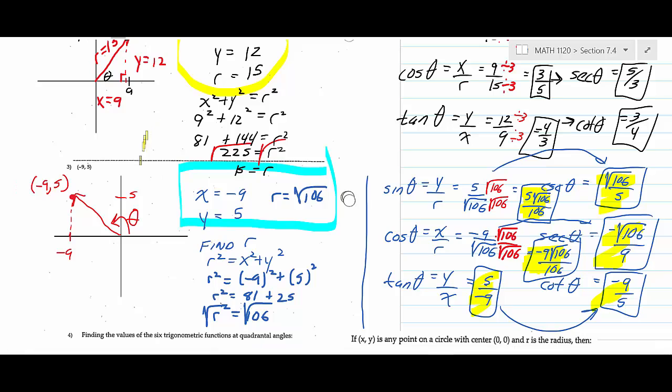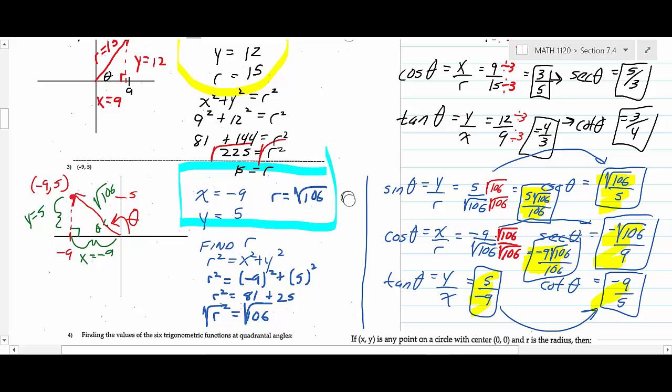If you drew a triangle here, it would go like this. What you'd end up having is x equal to -9, y equals 5, and your radius would be the square root of 106. But by definition, we're not looking at that angle. We're looking at that angle. This right here is called a reference angle, so we don't look at that.